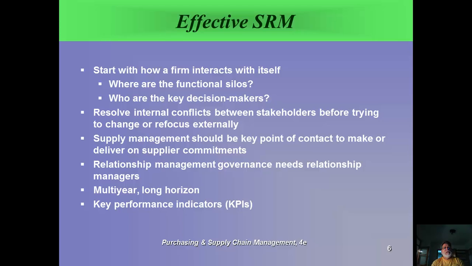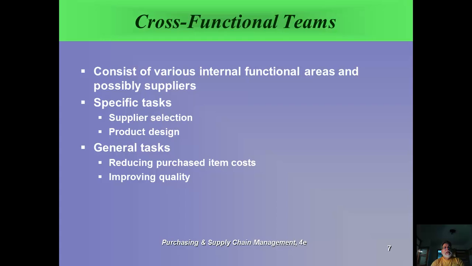If we're not achieving our goals, if we don't do what it is that we want, why be in this relationship? Now, one of the things for doing a relationship is to have cross-functional teams within both organizations. We're going to have various functional areas. Like I mentioned earlier, engineering, production, accounting, quality, they're all going to be involved working with the supplier.